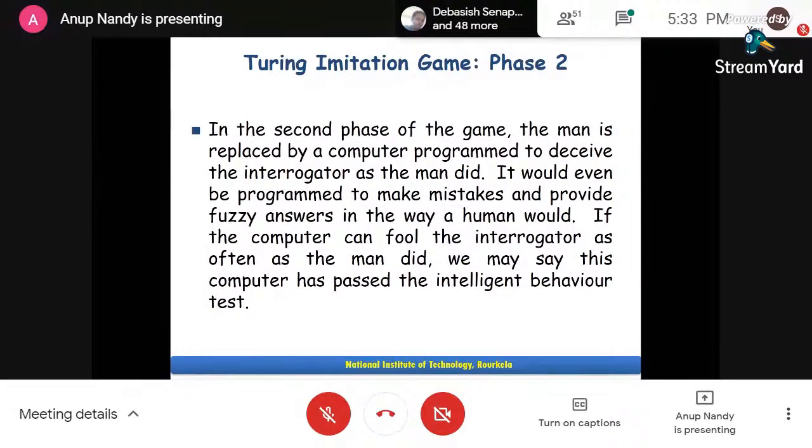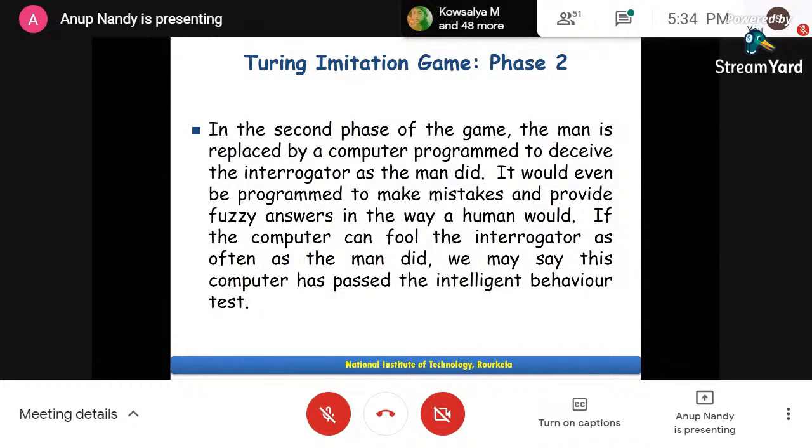That is called the Turing test, and it was very important for checking whether a machine can think. It is a very good test, the Turing imitation game. That is why Alan Turing is called the father of AI.